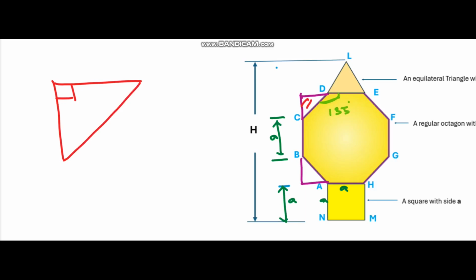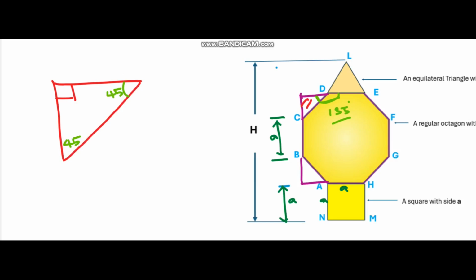Okay, so that's a way to work out the interior angle of a regular octagon. If you don't know how to do that, leave a comment below, I'll help you out. So if this is 135, this is 45. So 45, 45.